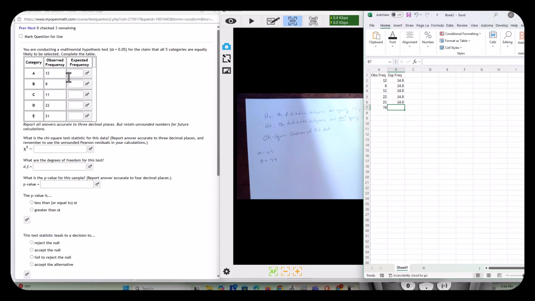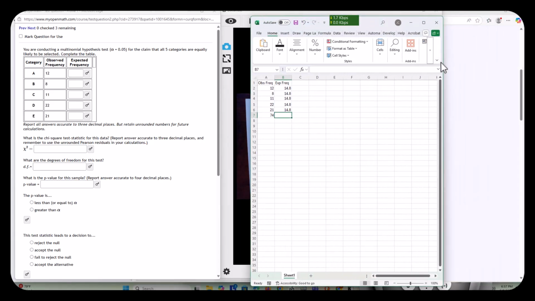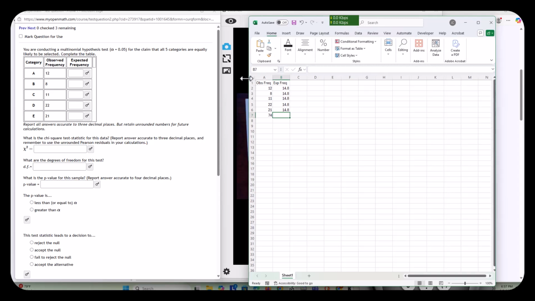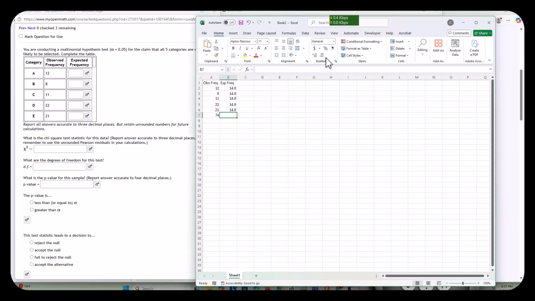So our expected frequency should be, how many decimal places? 3. Well, let me make sure that Excel is not rounding these off. Okay, I don't think they are, but I'll show you how to do that just in case.